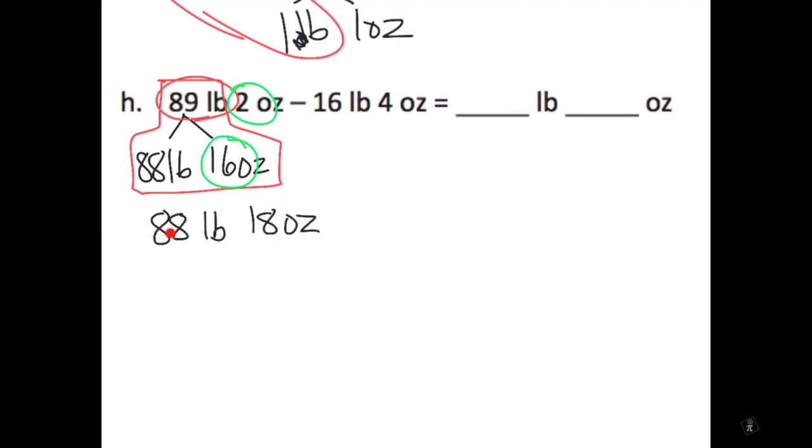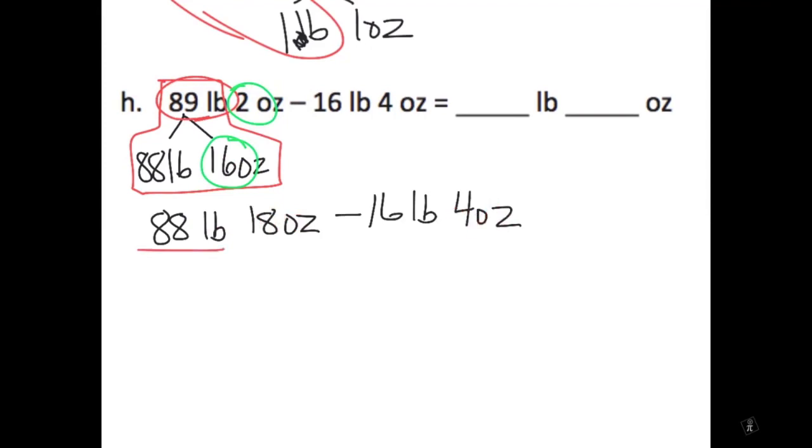So 88 pounds, 18 ounces is the exact same amount of weight as 89 pounds, 2 ounces. We haven't changed the weight, we just changed the way it looks. And now we can subtract 16 pounds, 4 ounces because we now have enough ounces on the left to subtract the 4 ounces on the right.